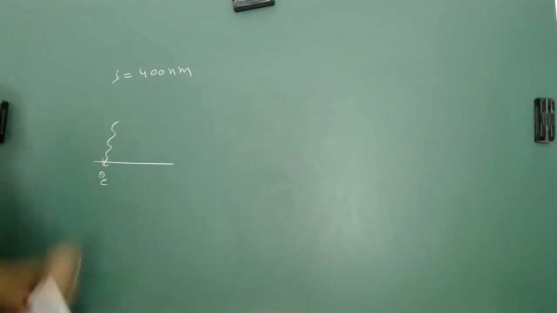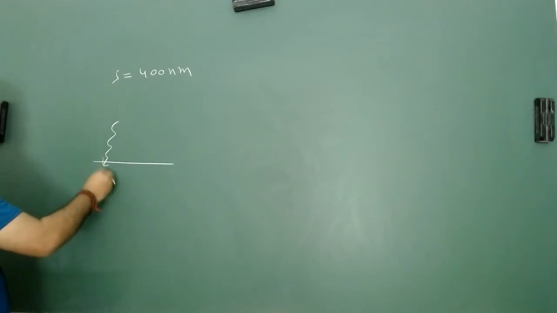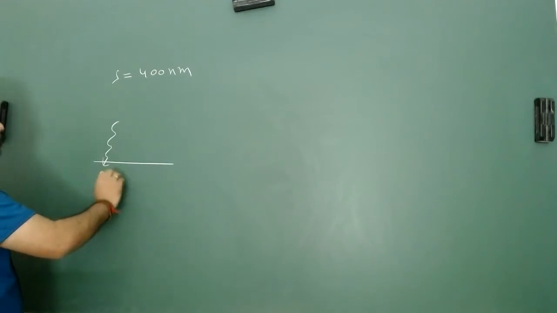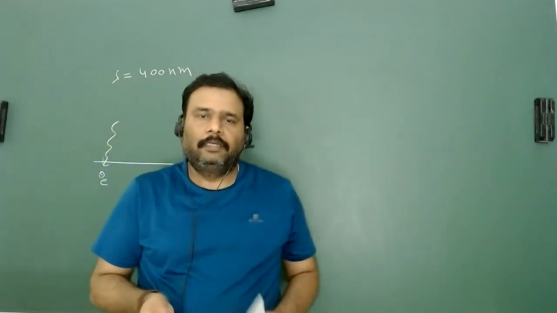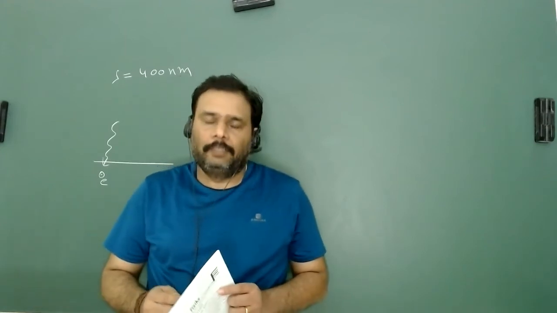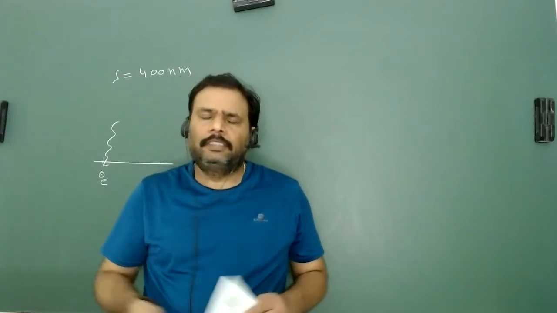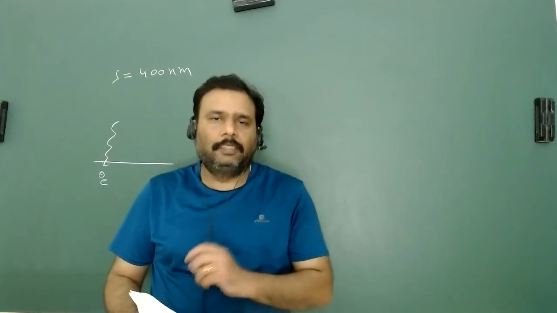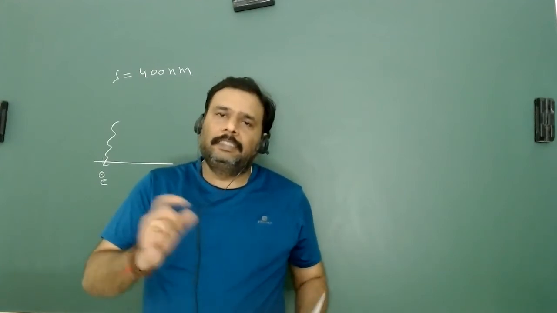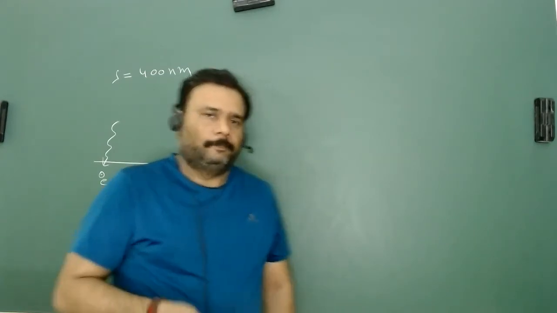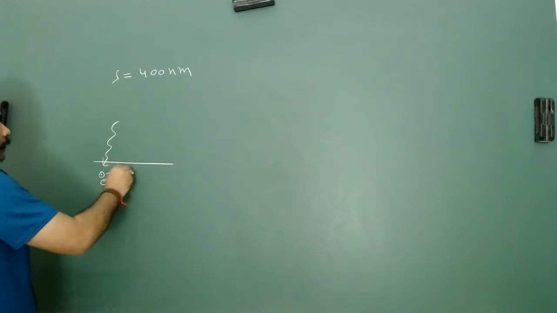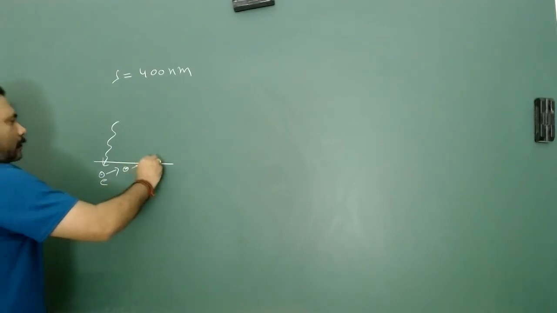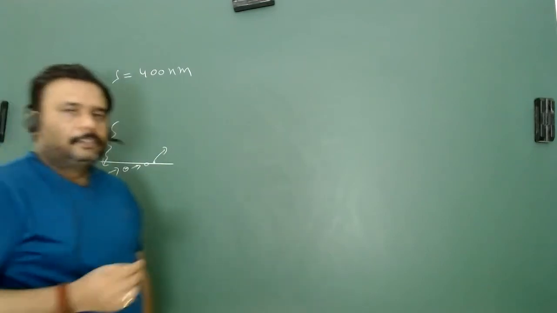It will absorb all this energy, and after that it will do two collisions. It can collide with the surface of the metal, with some impurities of the metal, with another electron. It is not important to know which kind of collision and why, but it is given that it will do two collisions. So it will get excited, and then do, let's say, a first collision with this electron and a second collision with this one, and then it will come out. So this kind of situation is there.